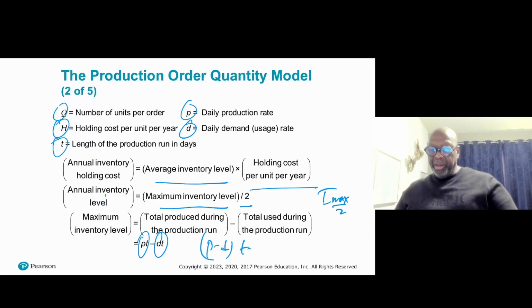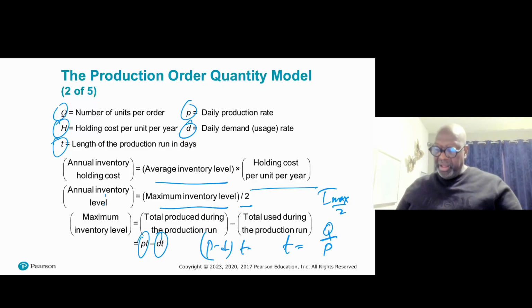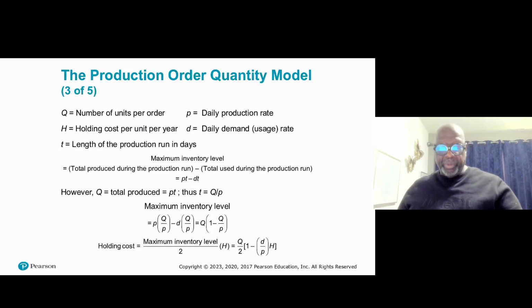All right, but we know T, our production run, is Q over P, which I showed you earlier. So here it is, our production run is Q over P, and then doing all of the substitutions, this looks a little complicated, but I showed you.